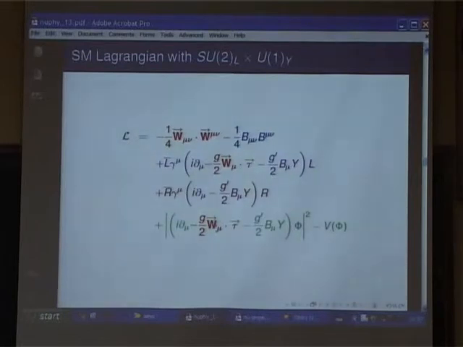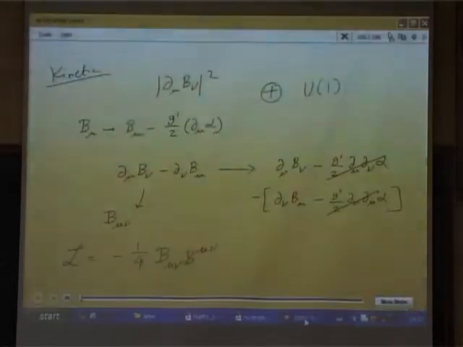So look at this term: L bar, gamma mu, minus g by 2, W mu dot tau, times L. Let's see what this term actually tells us about interactions.